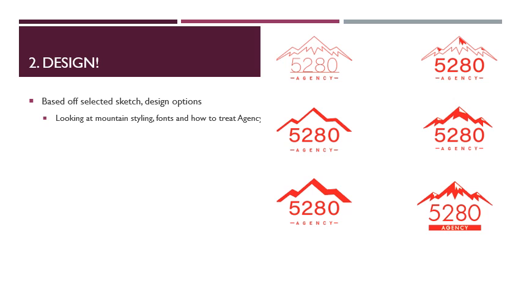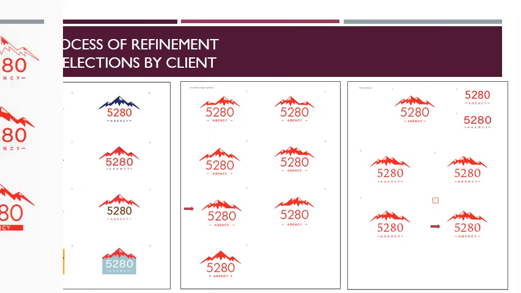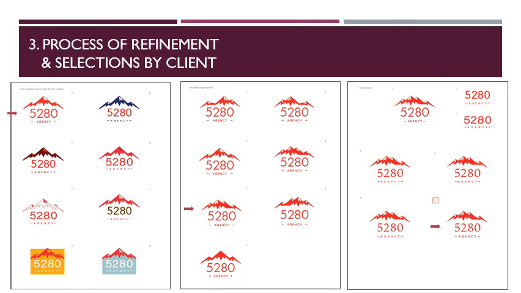Based off of that sketch, I came up with a few different options, looking at how to stylize the mountains, what kind of fonts to use, and how to treat the word agency. So here are six samples that I sent him to get some initial feedback. And from there, it was the process of refinement and selections by the client.